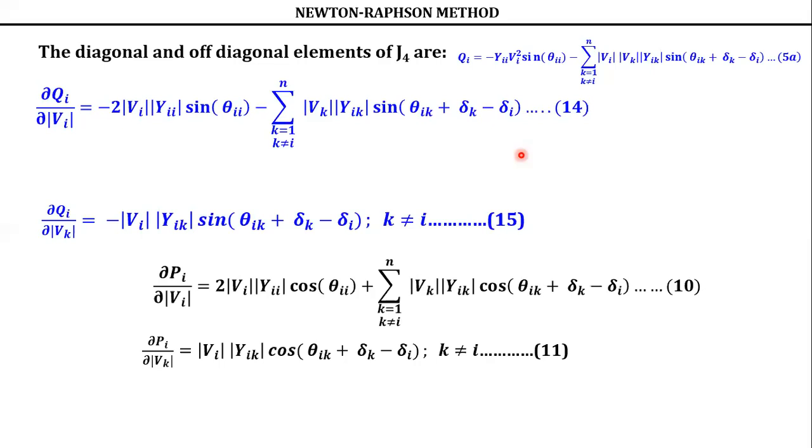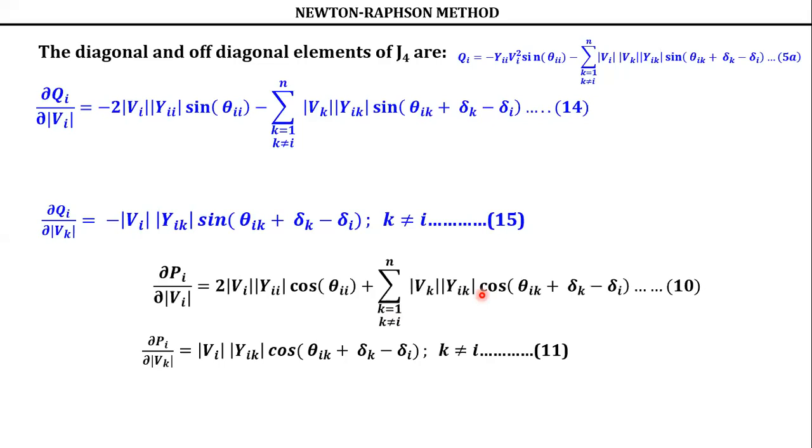Then we saw how to form the Jacobian elements J1, J2, J3, J4, which are required to estimate the change in voltage angle and the change in voltage magnitude. This is what we studied in the morning class and in the previous classes.